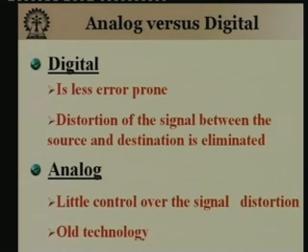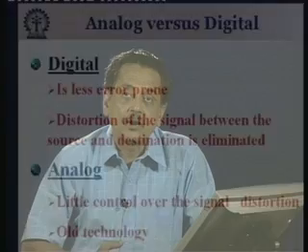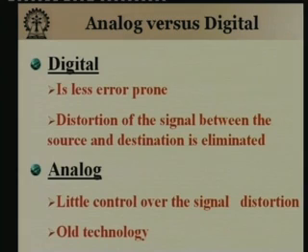Now, we make a comparison here of analog versus digital signals. Digital signals have some very basic advantages. The most basic advantage is that they are less error prone. That means even if there is some distortion in the signal between the source and the destination, it can be rectified very easily, and to a limited extent errors can be corrected.